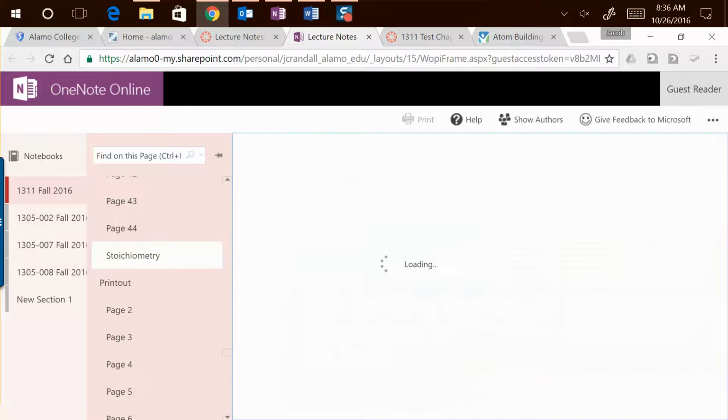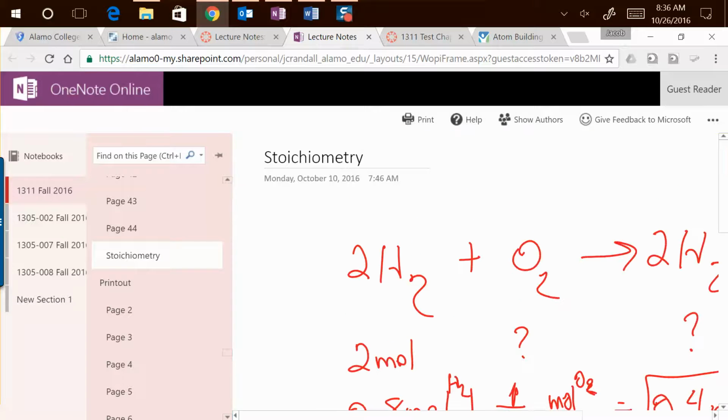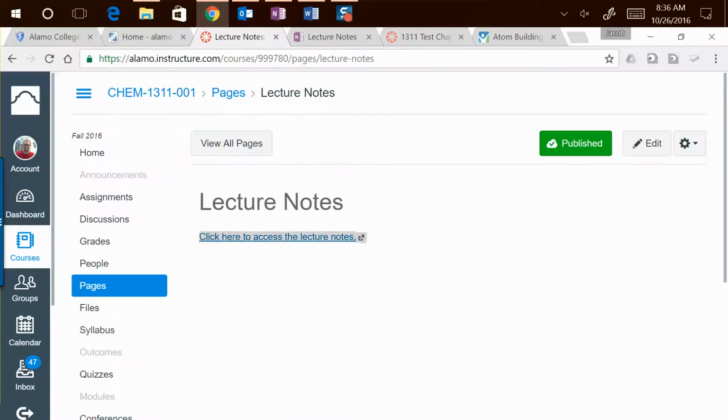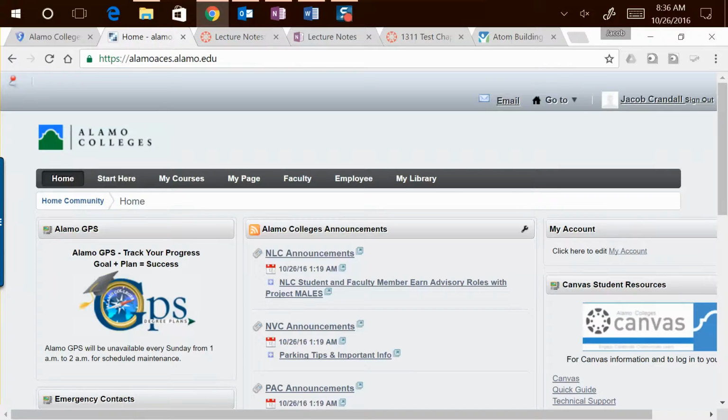Here's stoichiometry. So you can pull up all those notes. If it's not letting you on, let me know so I can fix it. Okay. Where are we? Back here.